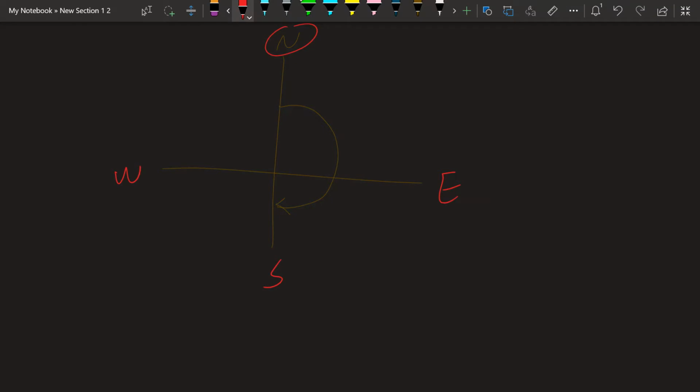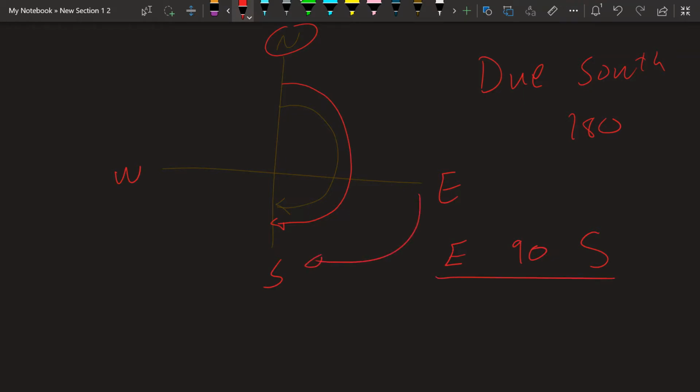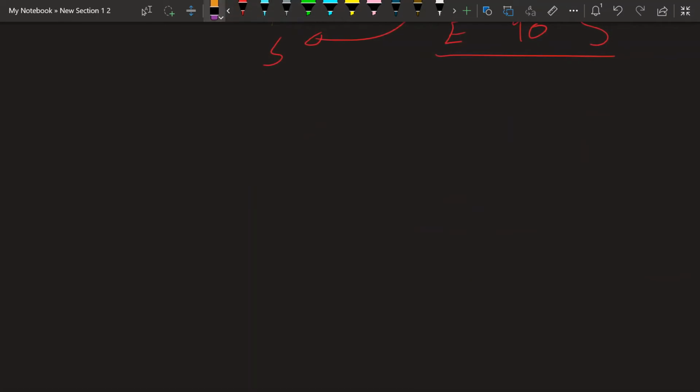North is here, and it goes out a bearing of 180 degrees. You can say due south, and that would be 180 degrees bearing. Or you can say east south 90 degrees, from east to south by 90 degrees. Or you can simply say due south. Moving on.